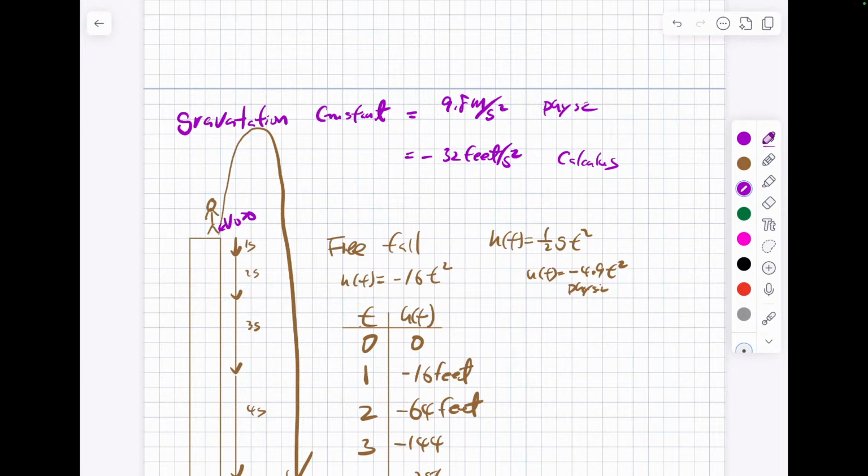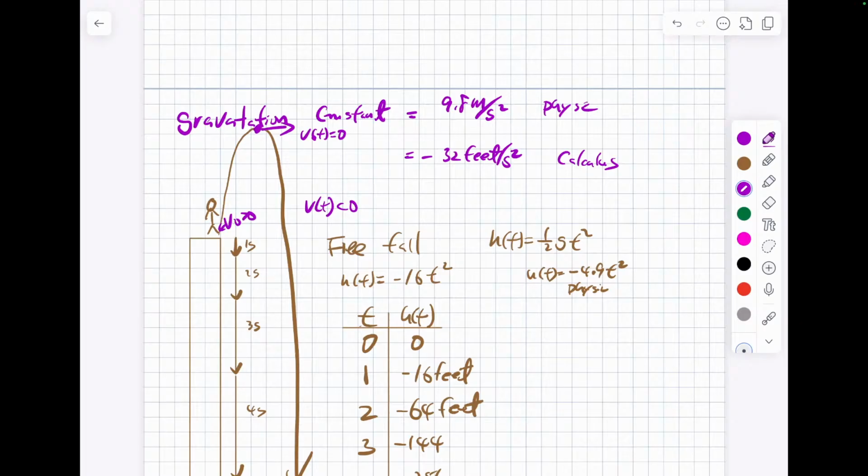Is that okay? At this highest point, the V of t is what? It's equal to 0. Does that make sense? Anything after the highest point, V of t is less than 0. It's negative, because velocity has a direction.